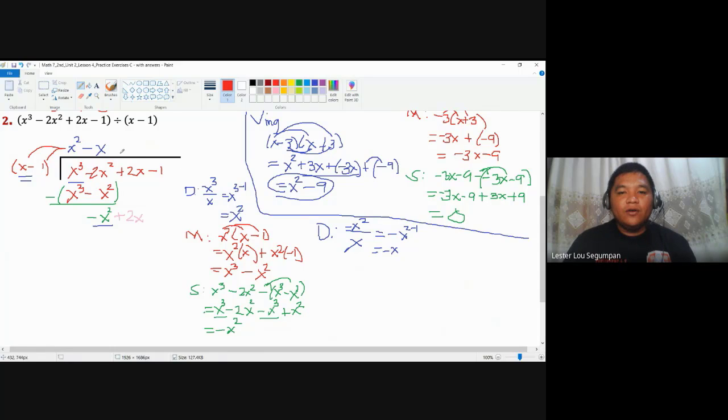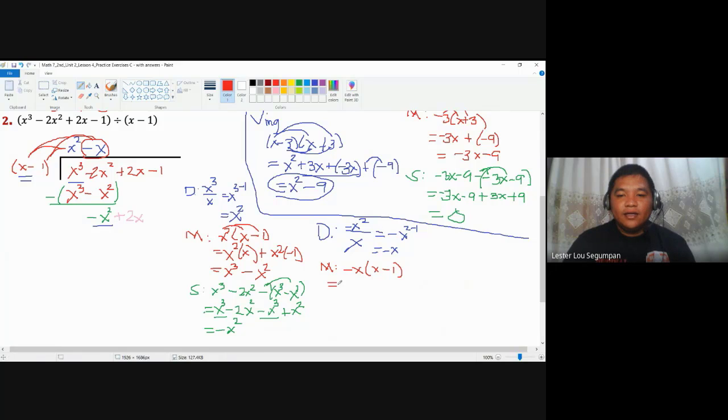Next is to get the second product, taking into consideration the sign of the second quotient. Sorry, multiply it here and here. So you'll have negative x, again taking the sign, times the quantity x minus 1, which is our divisor.